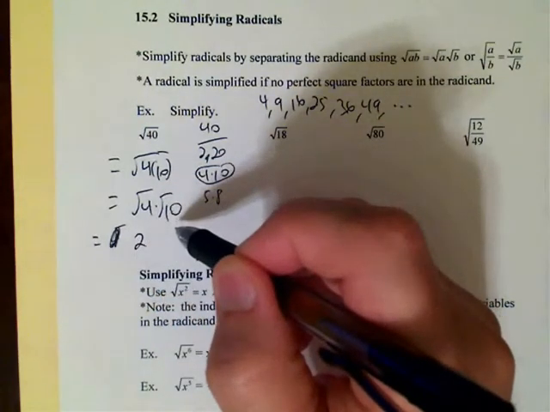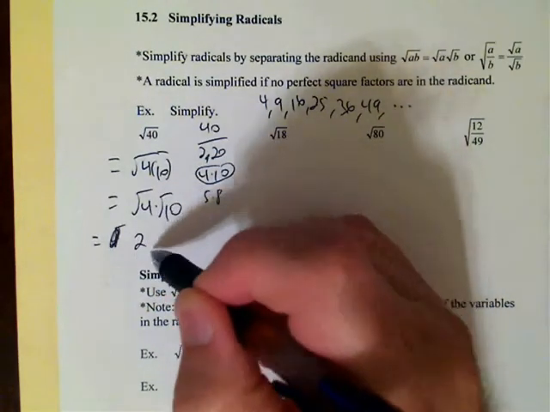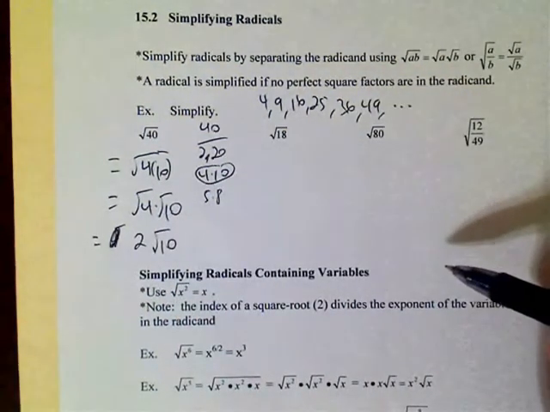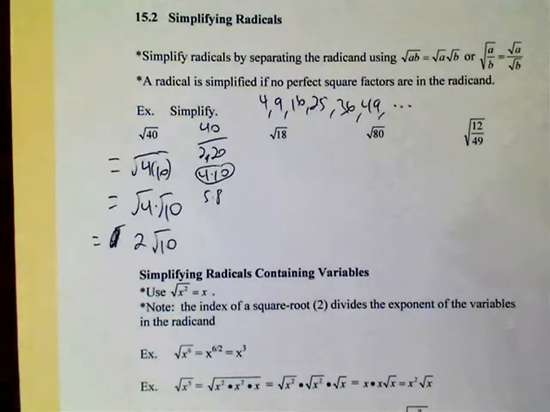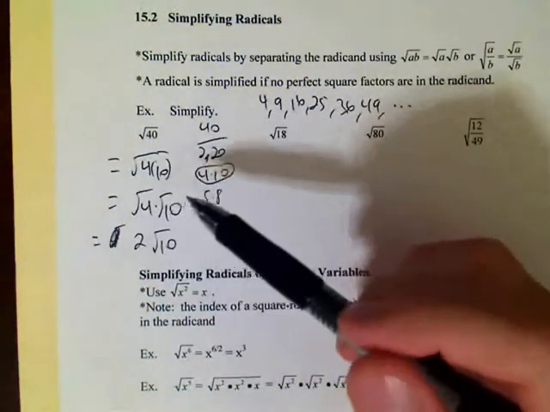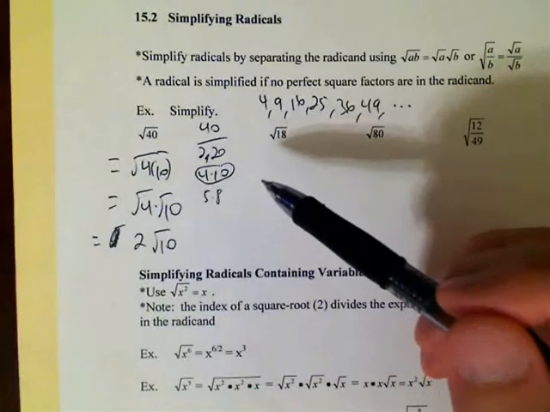Square root of 10 isn't a perfect square factor, so it stays as the square root of 10. And there's the answer. Now I'm going to do a lot of work in my head to show you that you can really break this down and make it even more simplified. Even though this is a pretty clear-cut way to do it, we can actually break it down even more.